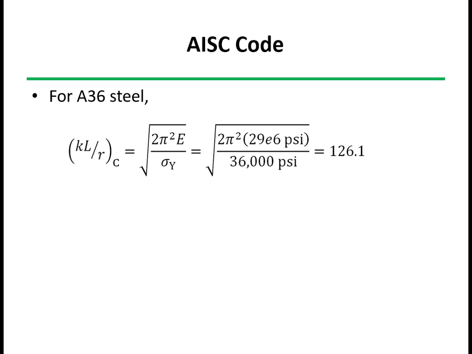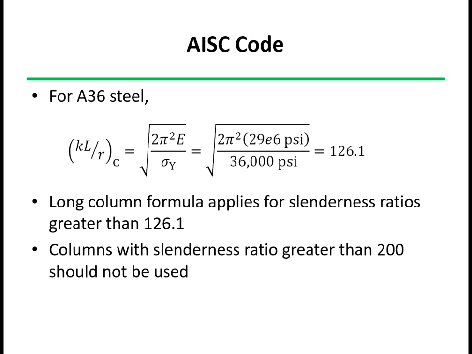That's going to be a constant, and that's what we'll compare any other slenderness ratio to. If it's below this, it's a short column. If it's greater than this, it's a long column. And also within the code, though, they do specify that you should not use a slenderness ratio greater than 200 at all.